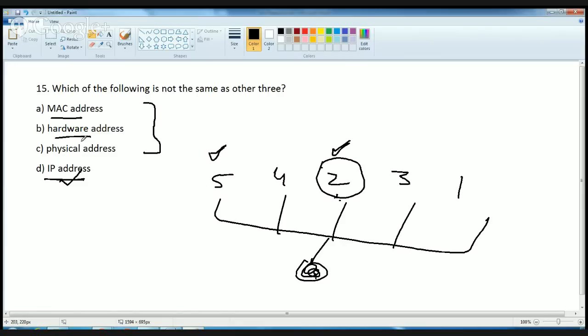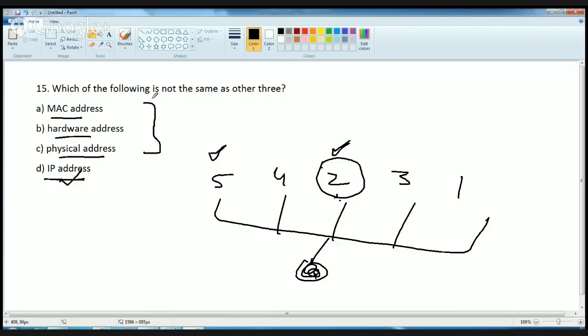And the MAC address, hardware address and physical address, which are one and the same thing, are the addresses assigned to a machine when it is produced. So each machine, be it fax, printer or anything, has its unique MAC address, or hardware address or physical address. And what we do is, we try to relate it to the IP address once they are on a common network.